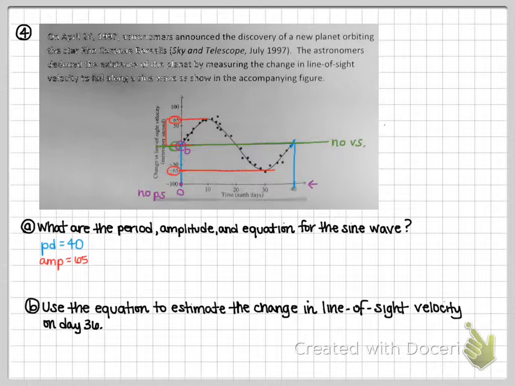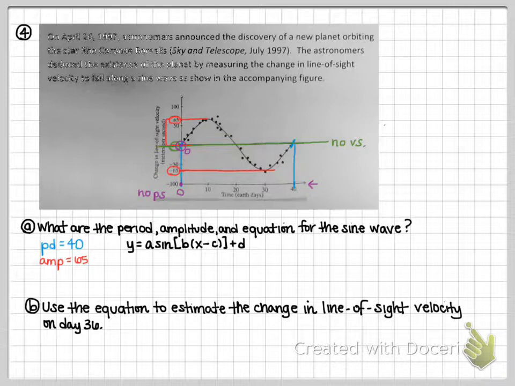I know my regular sine function, so go ahead and get myself set up here. It's going to be a times sine of b x minus c, plus d. All right, so our basic formula here.